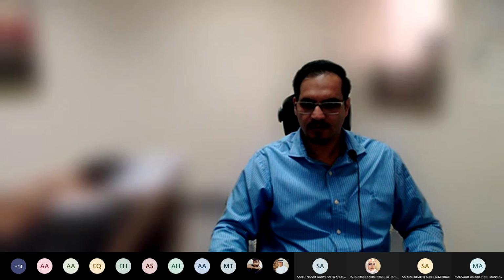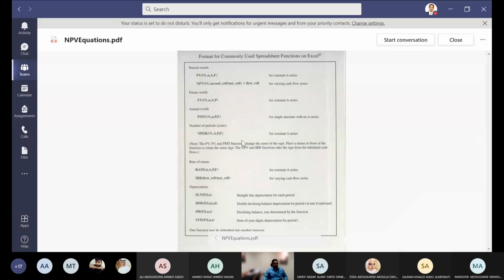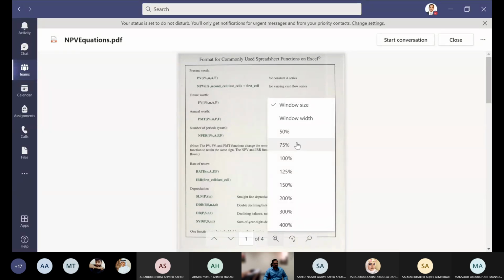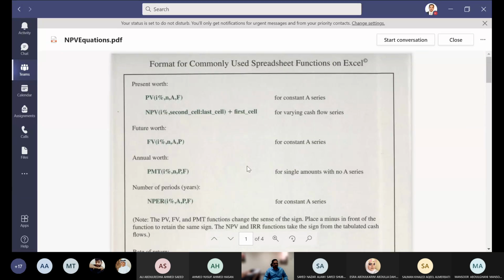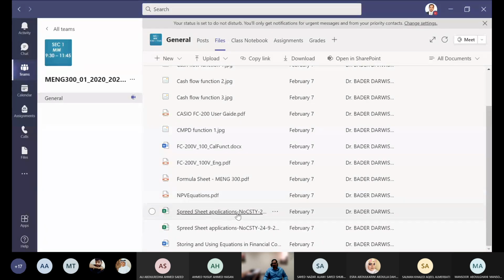Let me share it with you again. So these are the functions, and there are 4 pages, so you can scroll down. They're available in the book, and they're available here. And this is how you consider them while using a function in the Excel sheet.